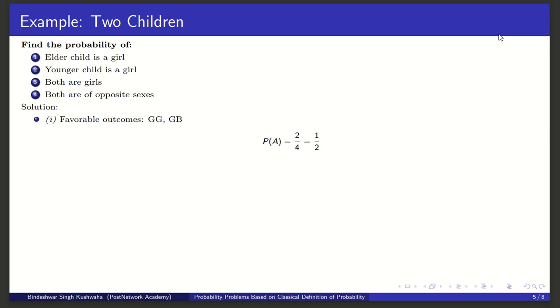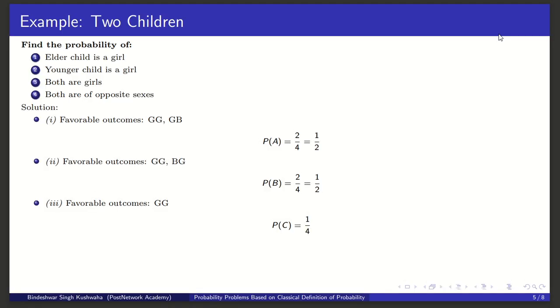So that would be 1 upon 2. Probability of getting elder child is a girl would be 1 upon 2. Second one, younger child is a girl. So that may be girl girl and boy girl. So again the probability would be 2 upon 4, and that would be 1 upon 2.